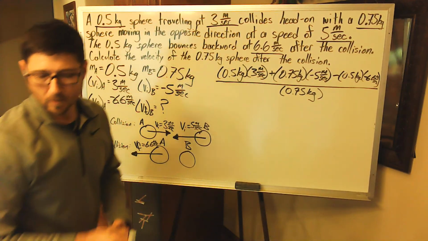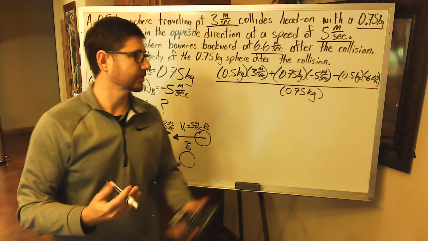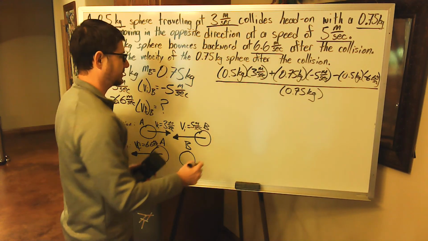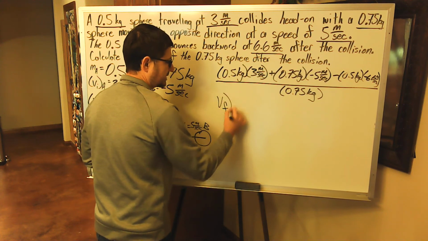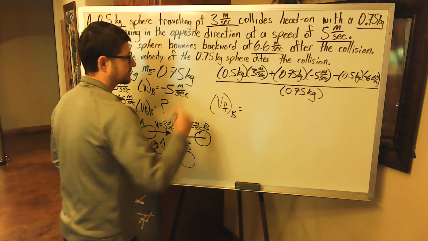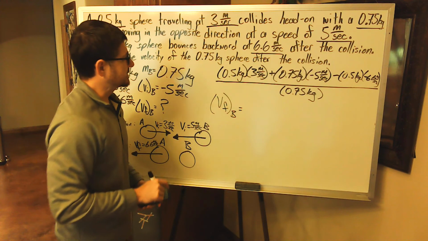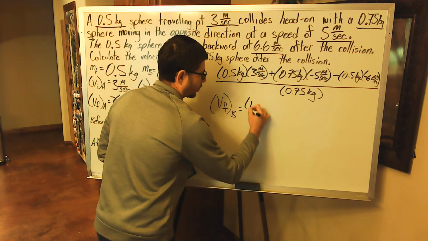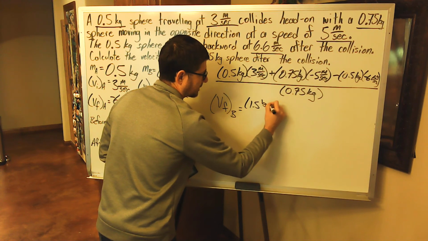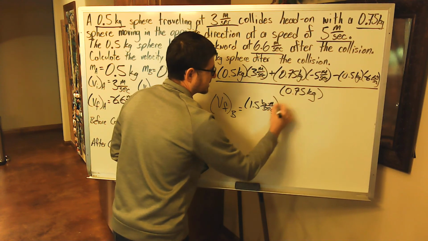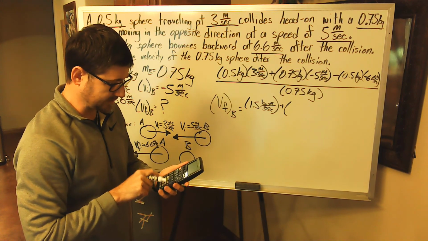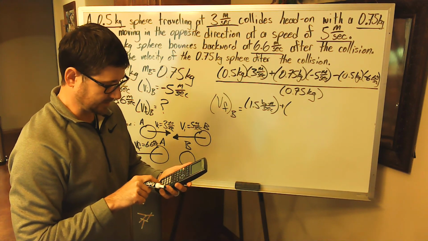All right, so let's go ahead and take out your calculator. Let's just resolve the numerator for our first step for the final velocity for sphere B. So right here, this is going to be 1.5 kilogram meters per second, plus 0.75 times negative 5.